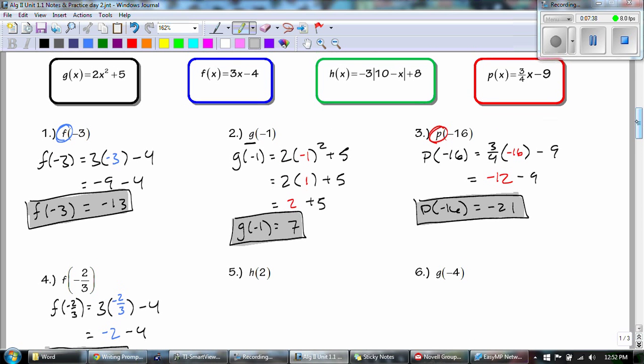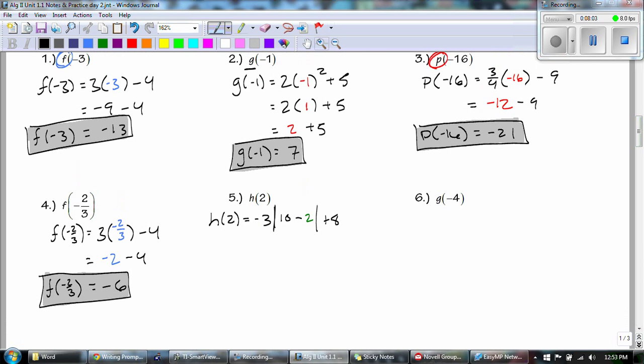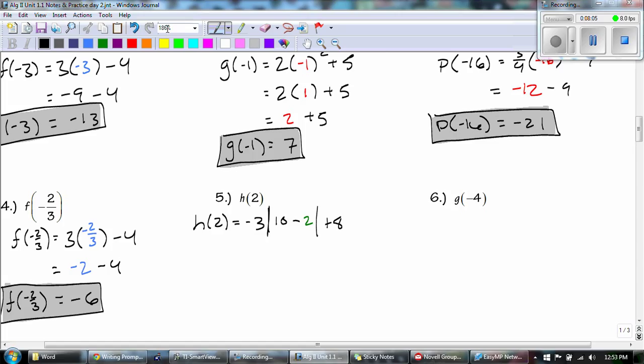All right, h. First time we've had to do the h. h of 2 equals negative 3. Ooh, absolute value. Oops, that looks weird. 10 minus, and we're plugging in 2, plus 8. Just remember that you need to write down the entire equation. All right, so negative 3.